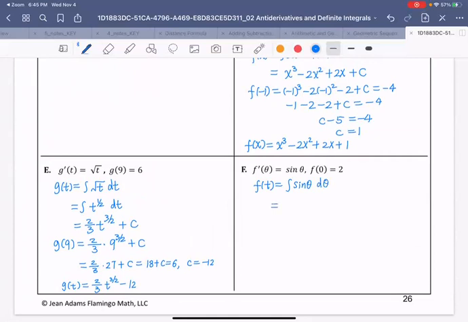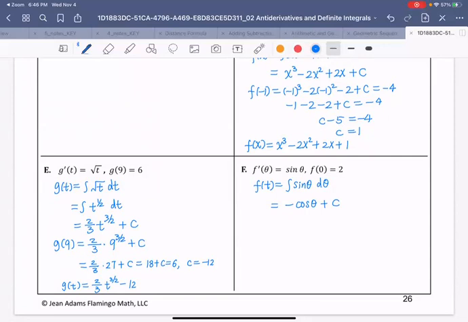Okay, what do you want to do? Negative cosine plus c. Okay. And next step, what do we do?